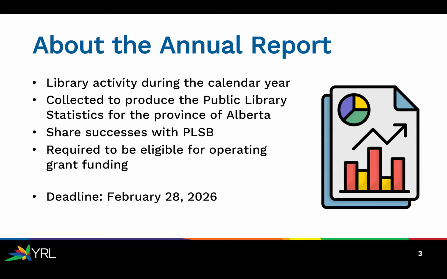They probably look a little bit higher in the statistical summary than they do in the annual report. That's because the statistical summary is counting all of the physical and digital circulations that occurred through Polaris, while the annual report is only counting the physical circulations, because that's what PLSB asked for in that particular section of the survey. So you can see how they're reporting two slightly different things.